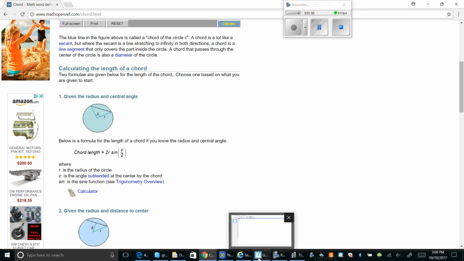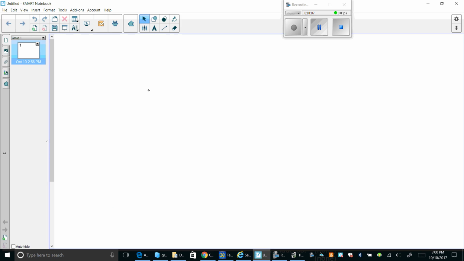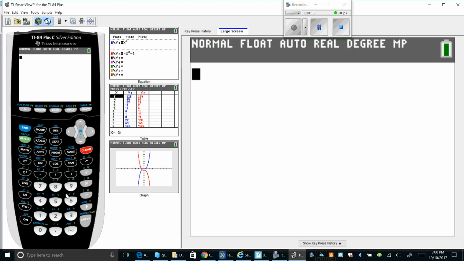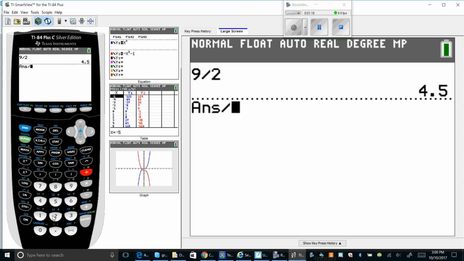So in this particular case, the chord length would be 2 times the radius. Now if the diameter is 4.5, 9/2, that's the diameter. So if I took half of that, that'd be the radius. So the radius of this circle is 2.25.